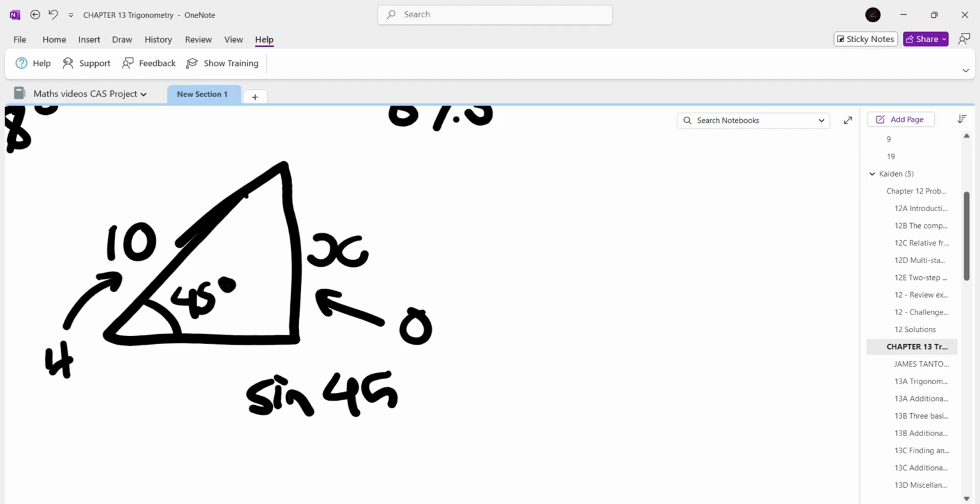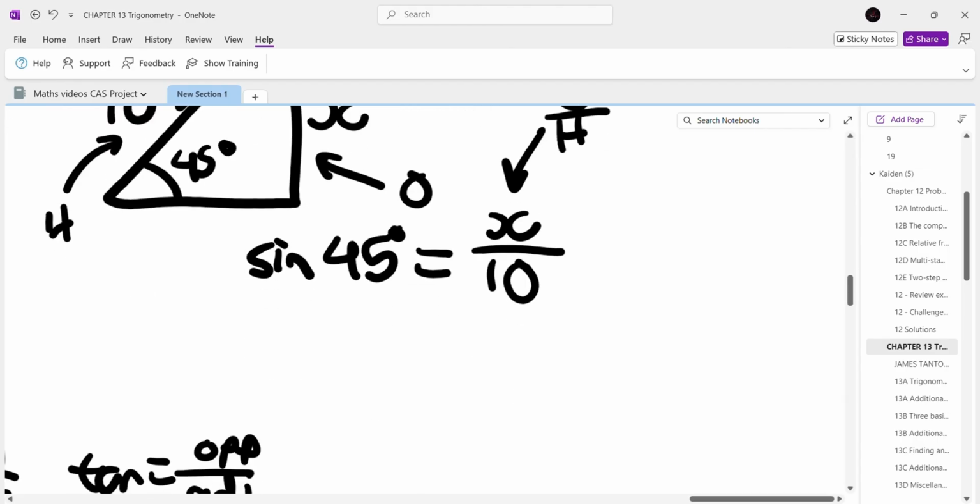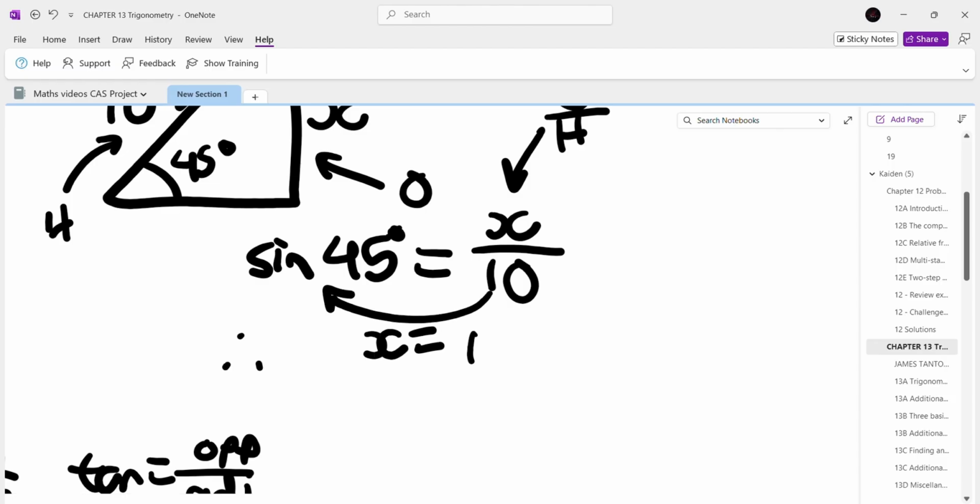So sine of 45 degrees is equal to x, which is our opposite, over 10, because remember, this is just opposite over hypotenuse. To find the x value, we take 10 to the other side, so x is 10 times sine 45, in degrees.